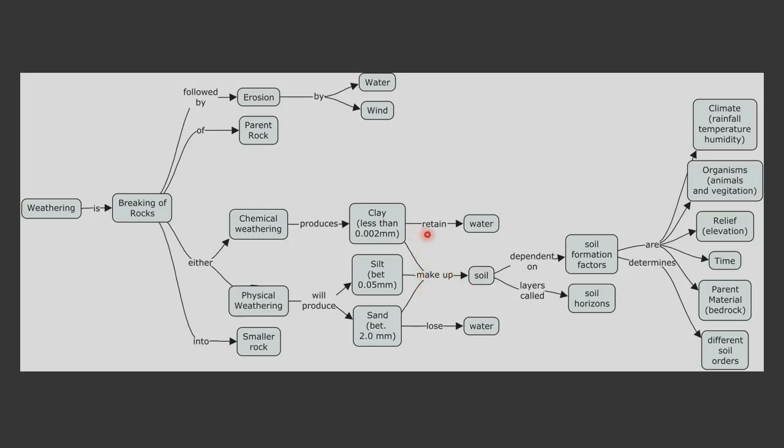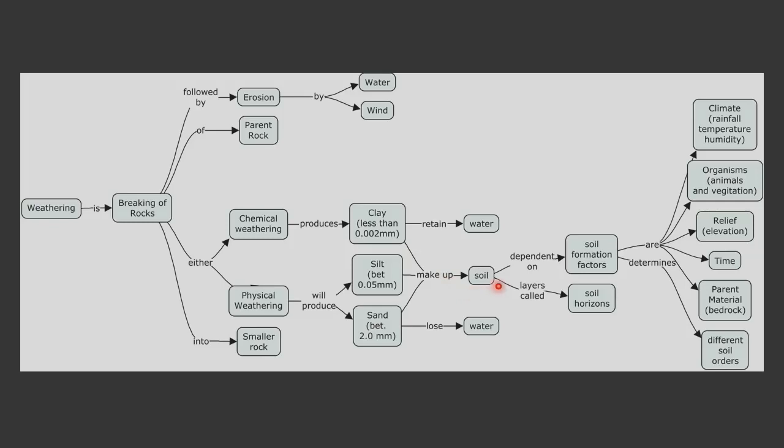And clay will retain water, but plant roots will have difficulty penetrating clay, while sand will enable plant roots to penetrate into the ground, but will also lose water easily. So that's why the right combination of clay, silt, and sand will make up a loam soil, which is ideal for planting most plants.